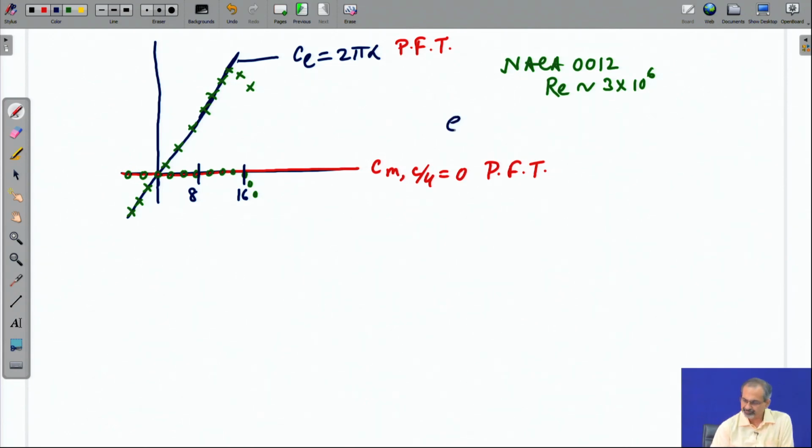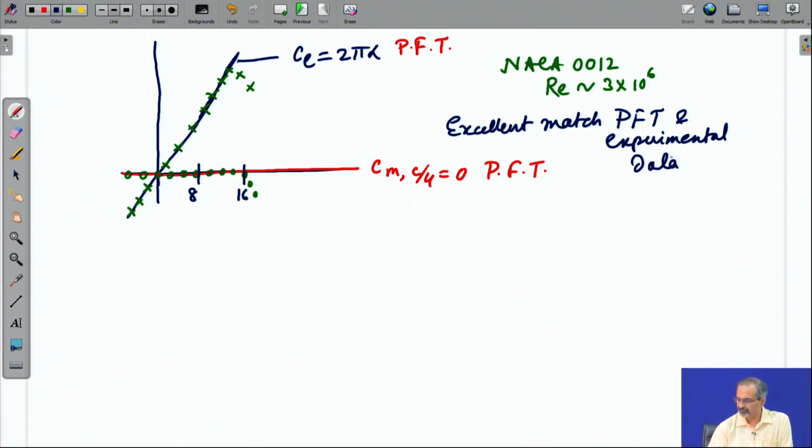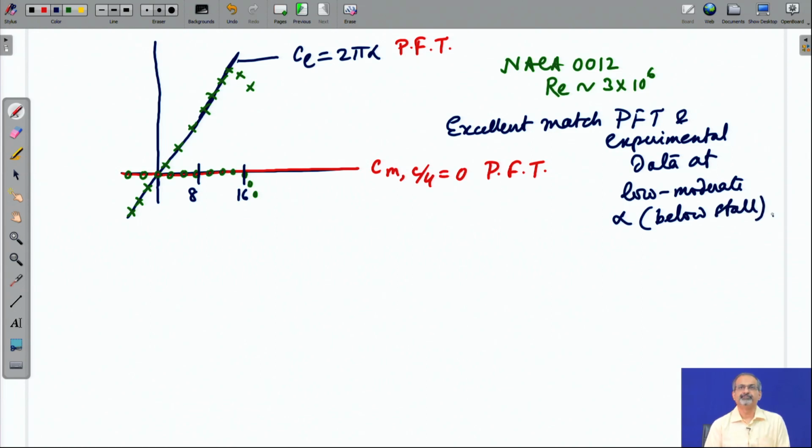So, we have essentially an excellent match between potential flow theory results and experimental data at low, moderate alpha below stall. That is a huge encouragement for us.